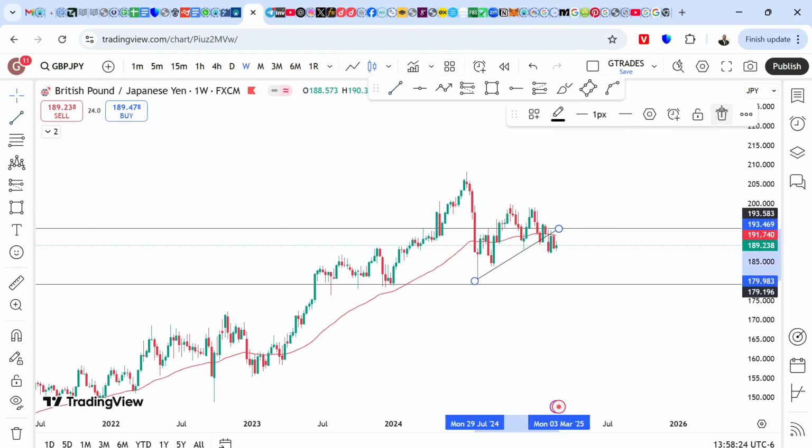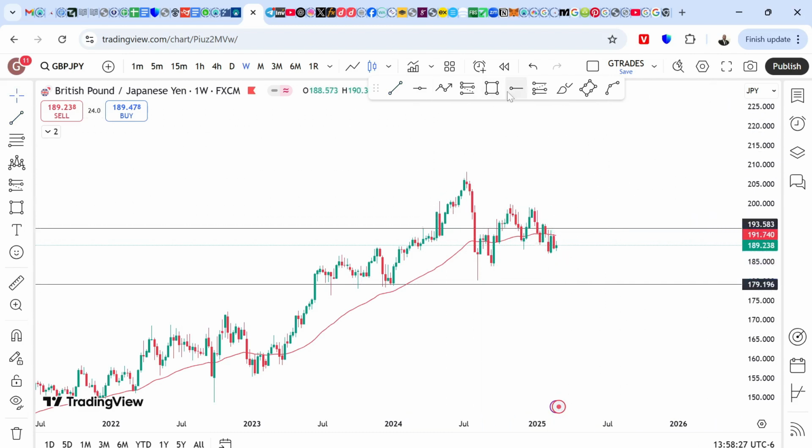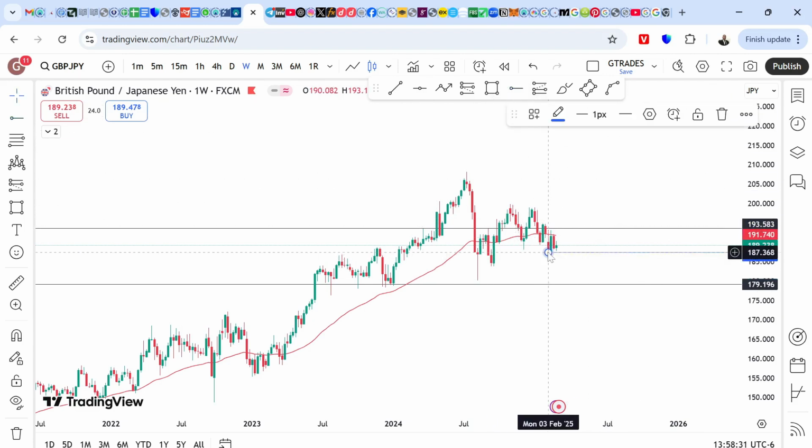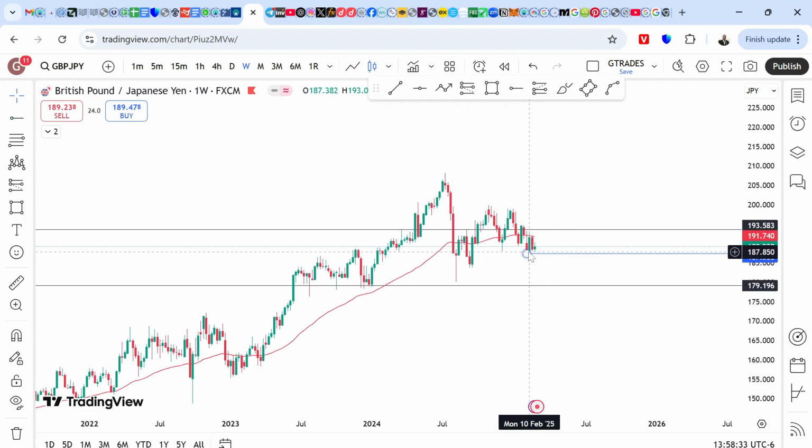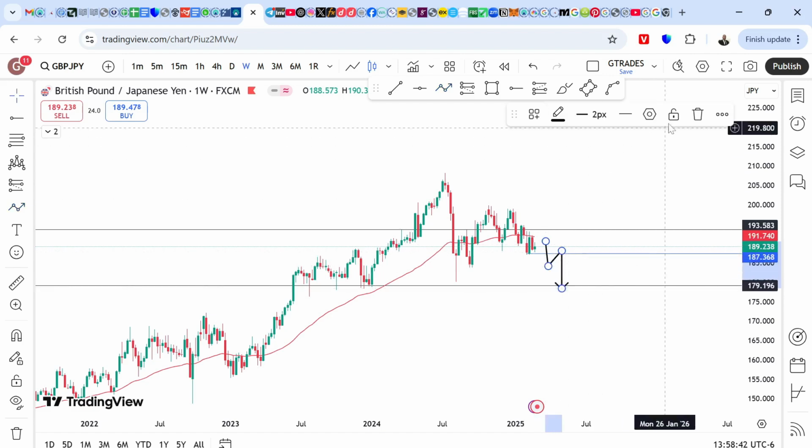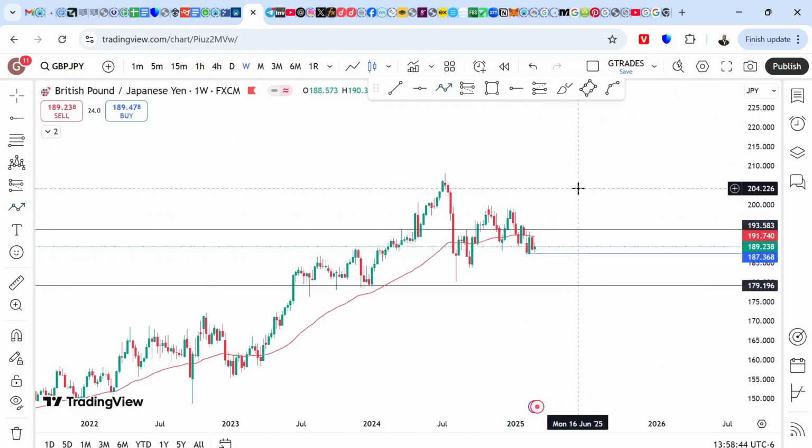So that's not necessary on the weekly time frame. I would like to cater for this where price currently is. This is the low that I'm seeing right now. If price breaks below this particular support, then I'll be targeting this sell, right? So let's just mark this current support that we have here.